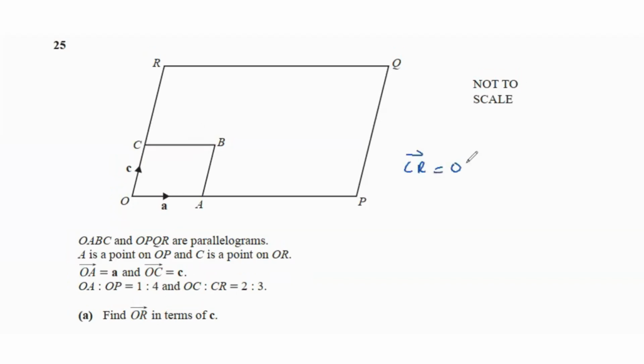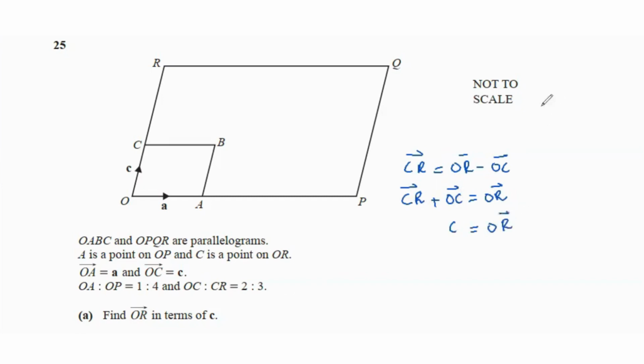CR is OR minus OC. So that means CR plus OC is going to equal OR. OC is c.